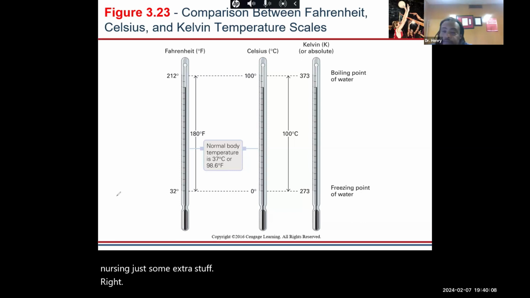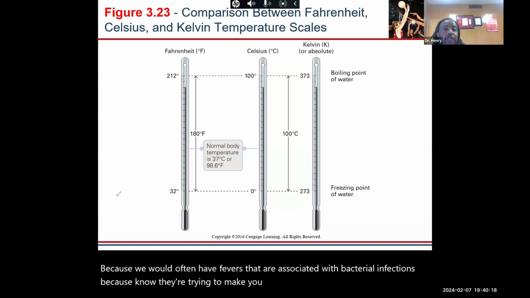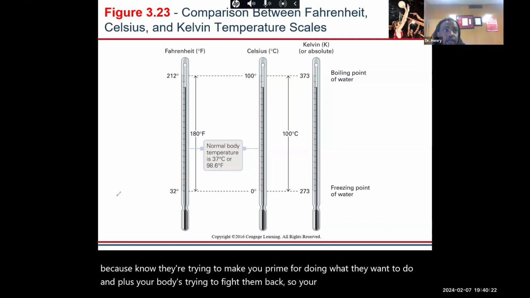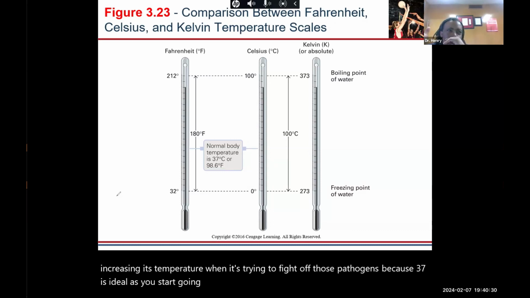So in the old days, we would often have fevers associated with bacterial infections, because the bacteria are trying to prime you for doing what they want to do, and plus your body's trying to fight them back. So your body has a tendency of increasing its temperature when it's trying to fight off those pathogens. Because 37 is ideal, as you start going up, it actually starts killing some of those pathogens.